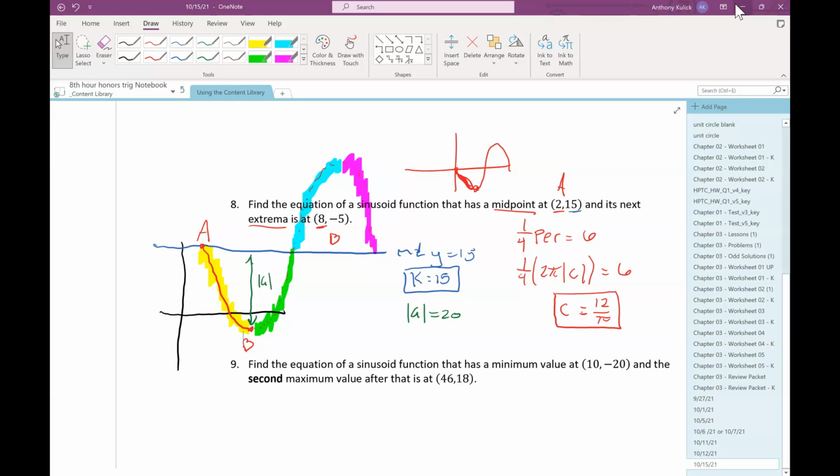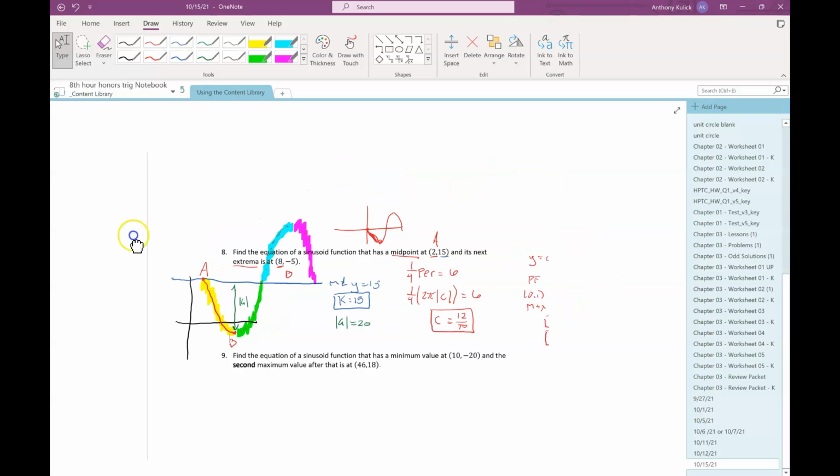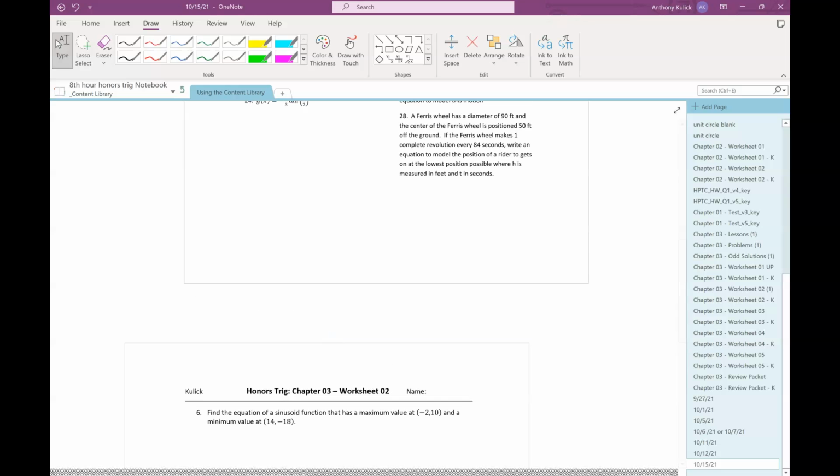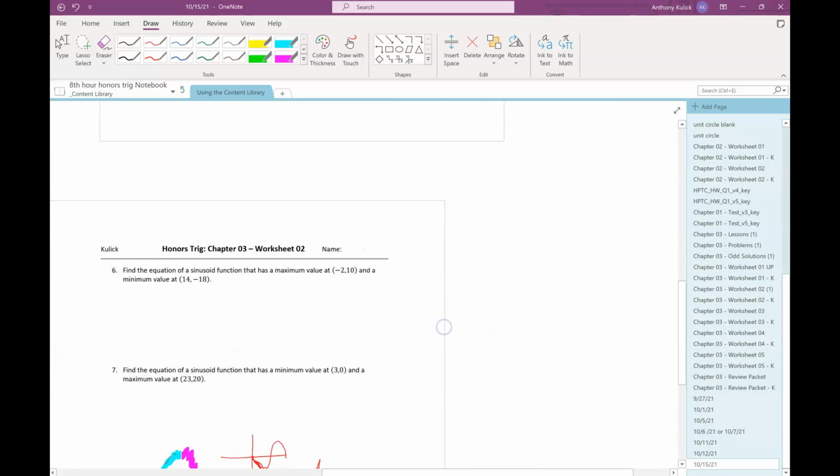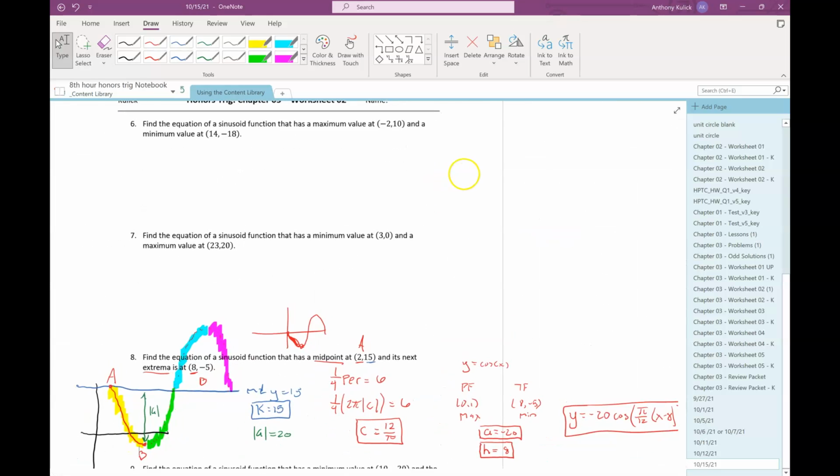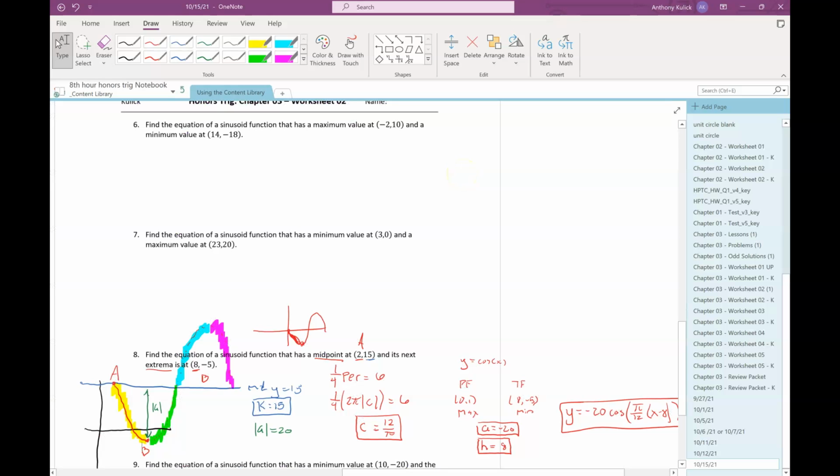Except for questions that are like passing key points, like the ones on worksheet 2, you basically just ignore that when it comes to actually writing the function. Like the K is like the midpoint, right? So you just ignore that. The K is from the midline.